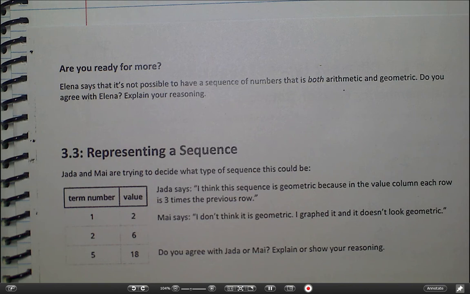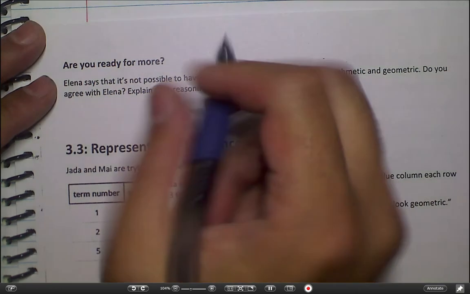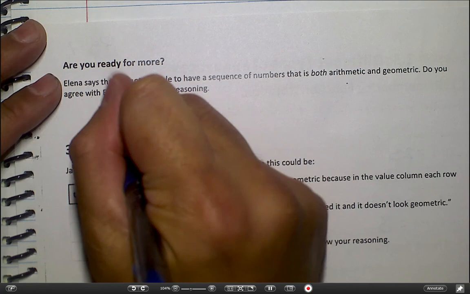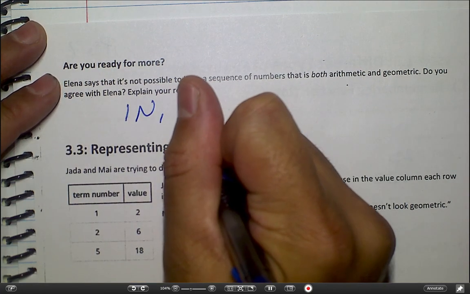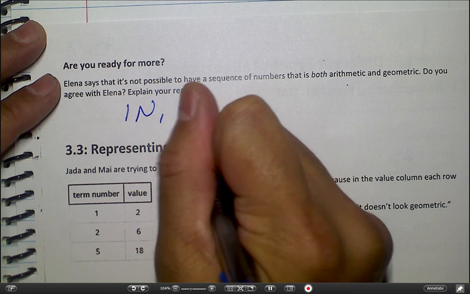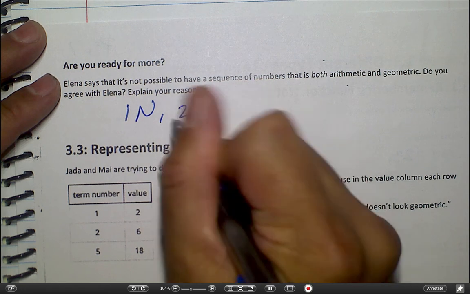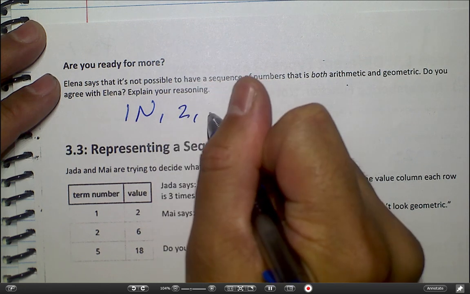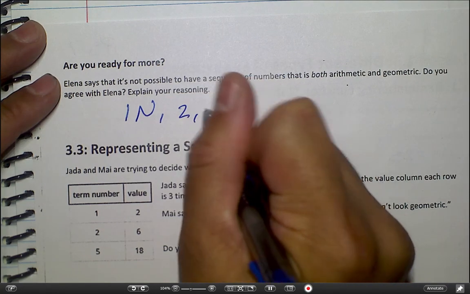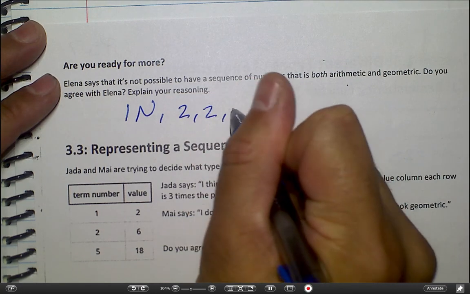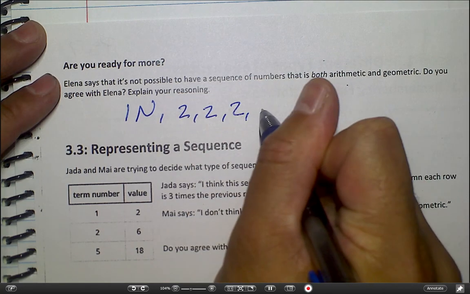Multiply by 1. Okay. So let's say, give me a sequence now. What's 1 times 2? 2.